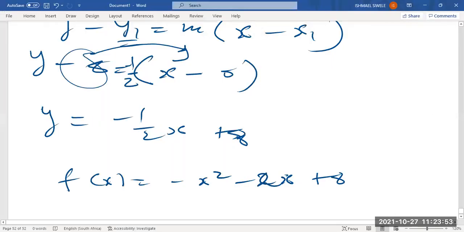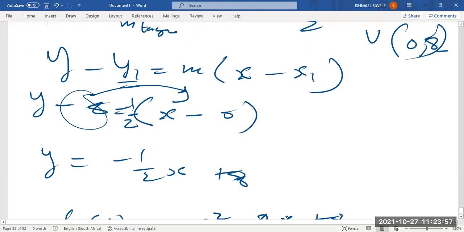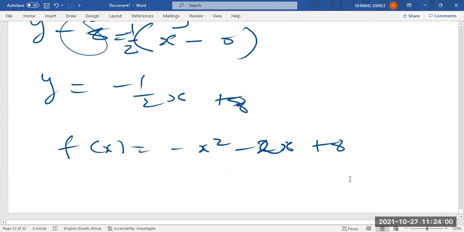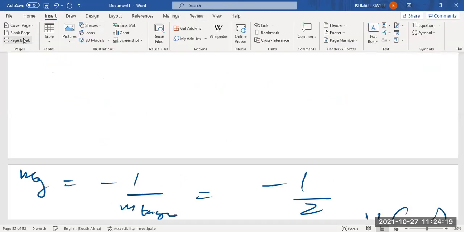Okay, so yeah. Wait a minute. Looks like I made a blunder here. I made a blunder. I was supposed to have my pages set, but it so happened that it's a mess, but it's fine.